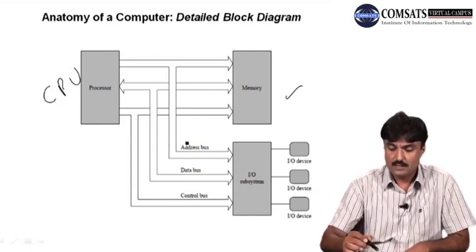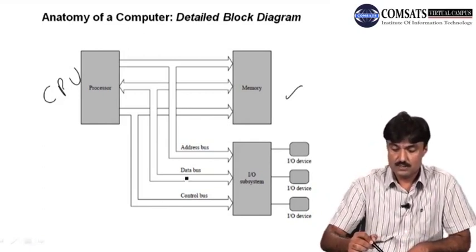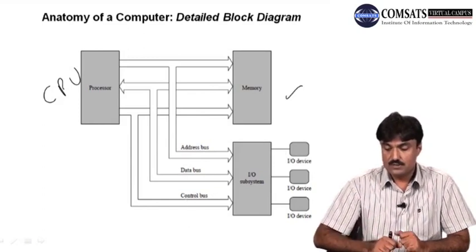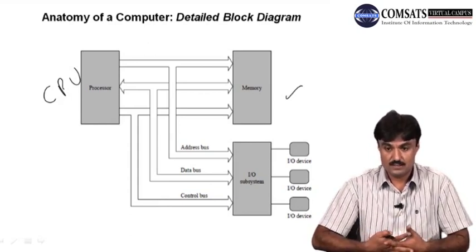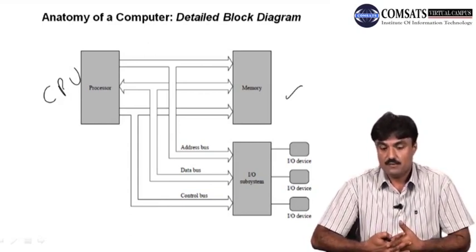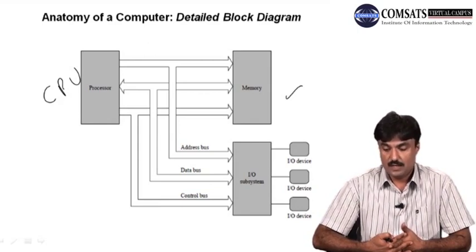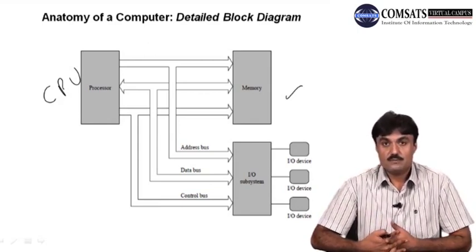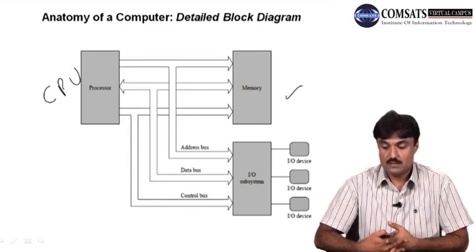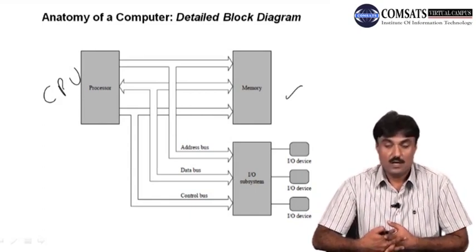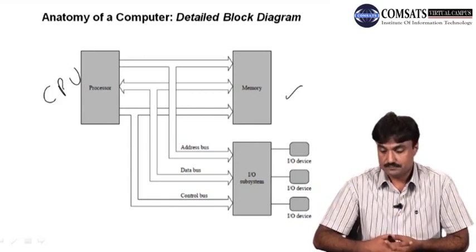Now these lines show 3 buses: address bus, data bus and control bus. These buses are nothing but simple conducting wires which connect memory with the microprocessor and the input output subsystem, which provides control or interface between the input and output devices.